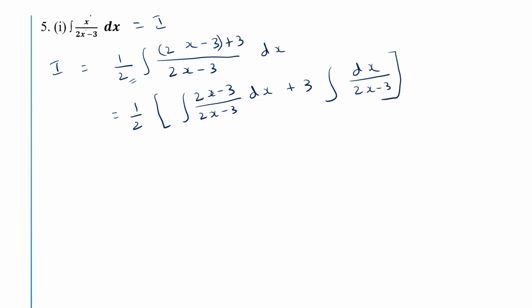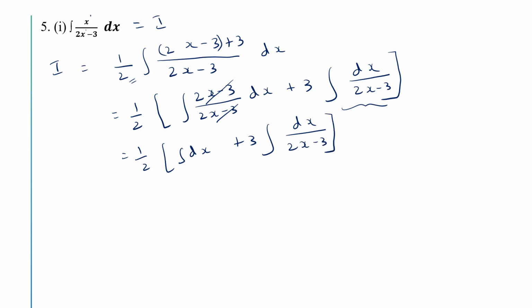If we do this, here we will get dx, and here we have integral dx by 2x minus 3. This we can find easily. So this is equal to half into integral dx plus 3 integral dx by 2x minus 3. So integral dx is x, then plus 3 integral dx by 2x minus 3.